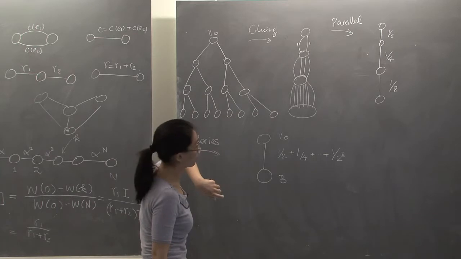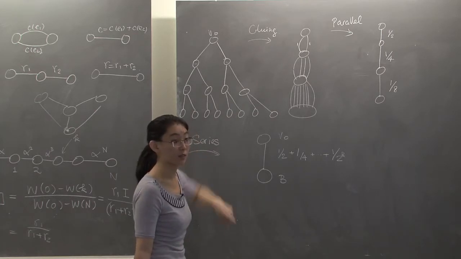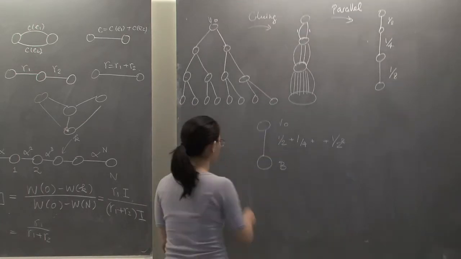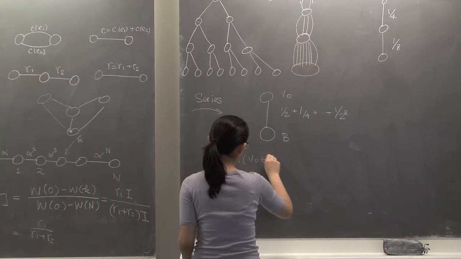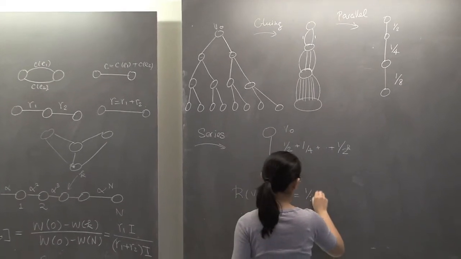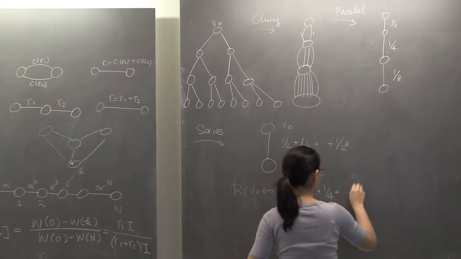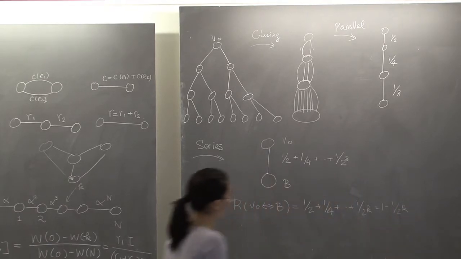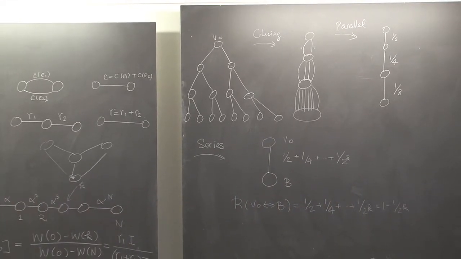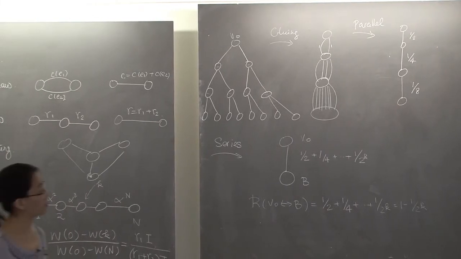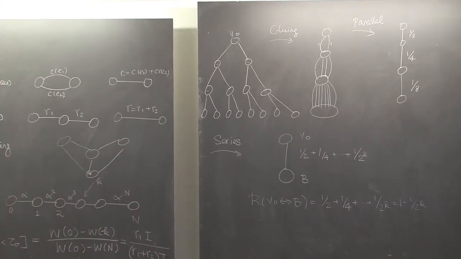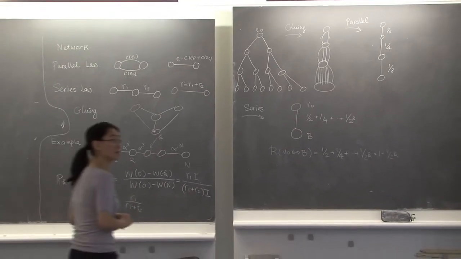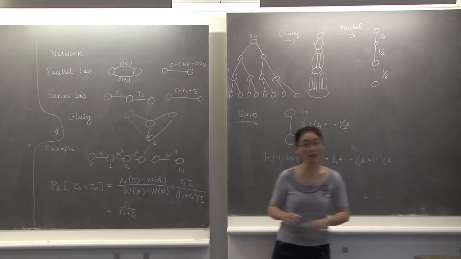For all these operations, we know that the effective resistance is unchanged. And for this one, the effective resistance is exactly the resistance on this edge. Okay, so this tells us how to calculate the effective resistance of this binary tree, and this effective resistance also tells us the escape probability of the random walk on this network. So this is the second example.